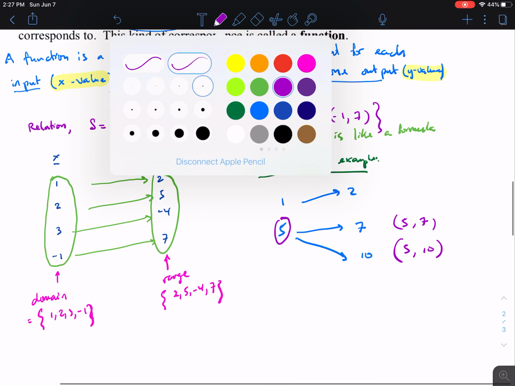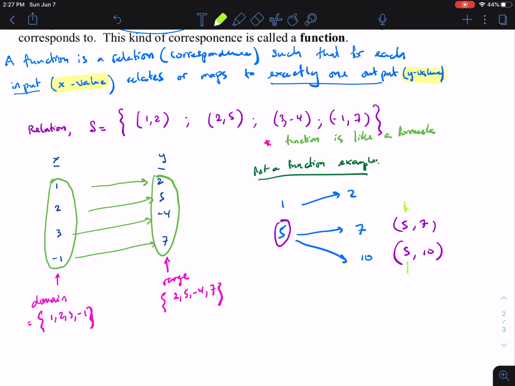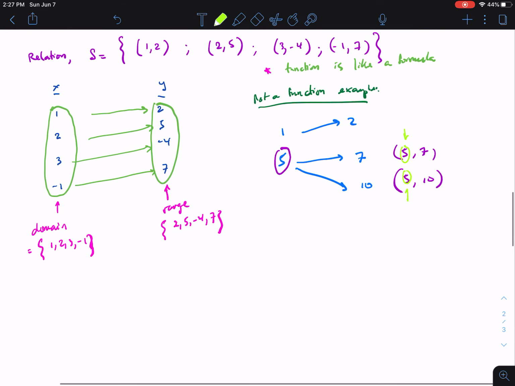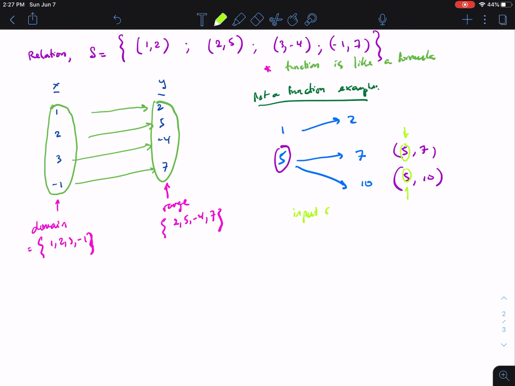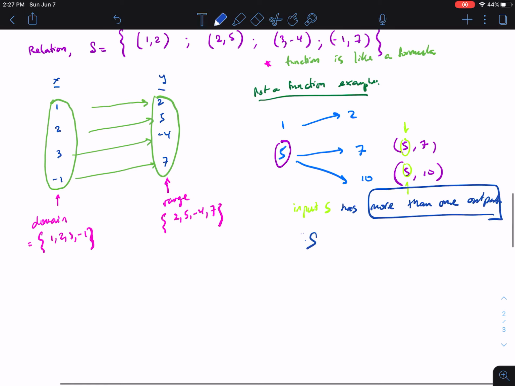So it violates the definition of a function, because this input 5 does not have exactly one member in the range. It has more than one output, and that's what makes this fail. So this relation is not a function.